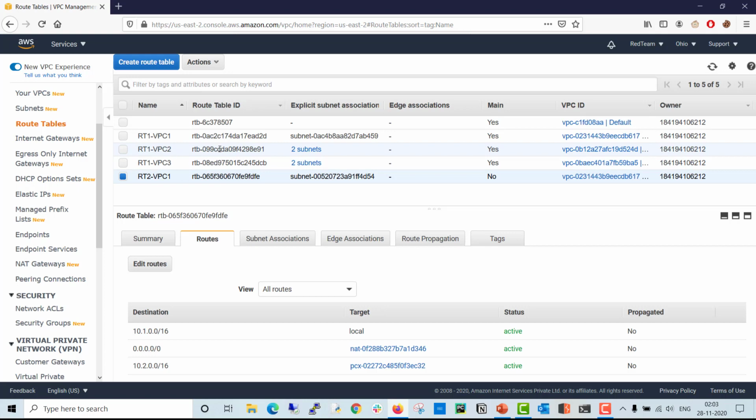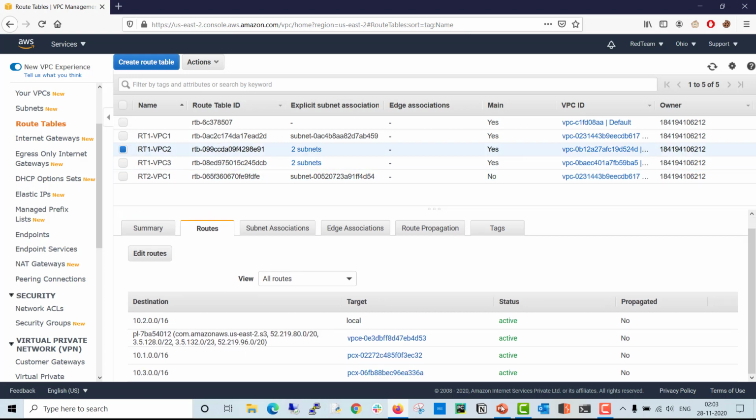When we're talking about VPC2, there should be two routes, because of VPC1 and VPC3. So if you are in VPC2, we can communicate to VPC1 as well as VPC3. It is associated with both the subnets, so any instance within any of the subnets can access VPC1 as well as VPC3.